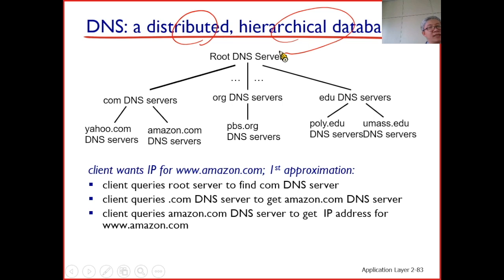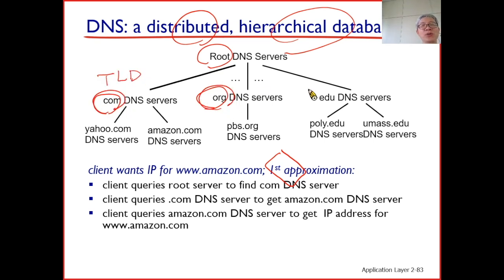Here, this is the first image, and we call it the first approximation. We can have a root, and then here we have the TLD. We can have com, org, edu, and the others. Well, if we have an architecture like this, anyone who wants to send a query sends it to root.